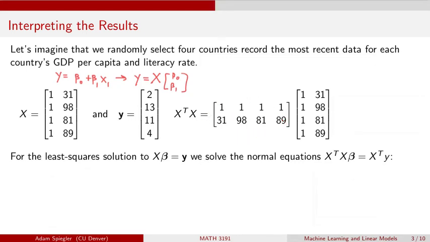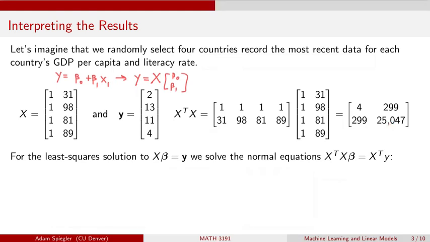I take X transpose times our model matrix X, and out comes a square 2x2 matrix. This product happens to be a symmetric matrix, and we're going to discuss shortly some really nice properties of symmetric matrices that might help with some of these calculations. But for now, in this example, X transpose X is a 2x2 matrix, which is invertible.